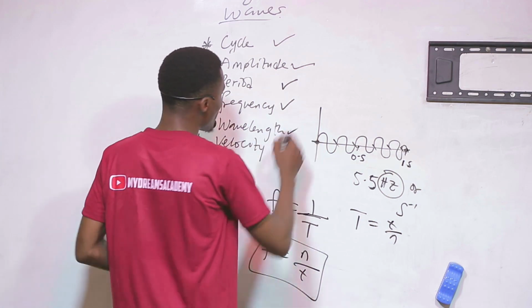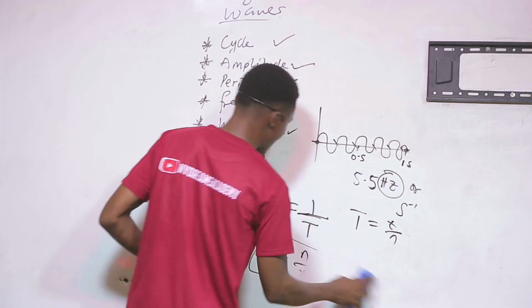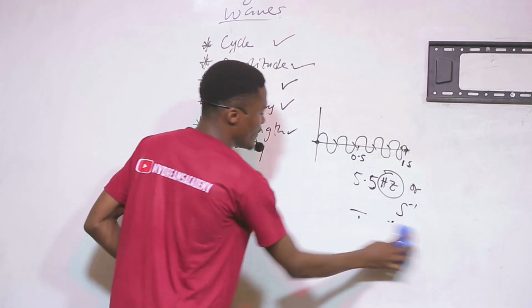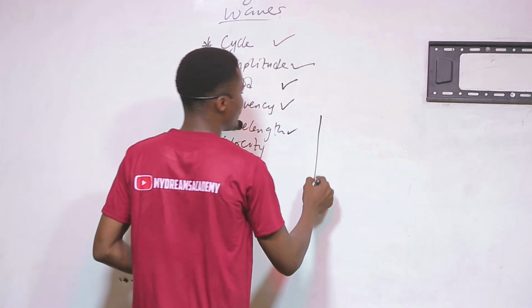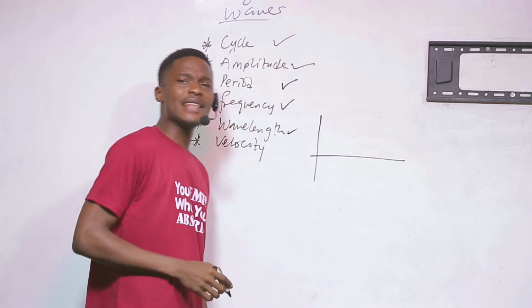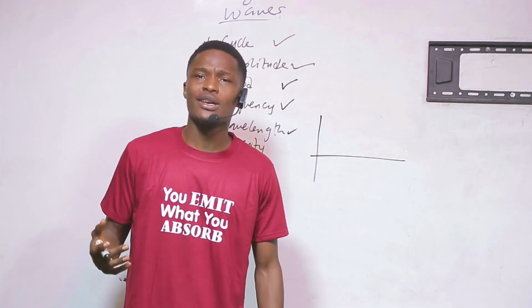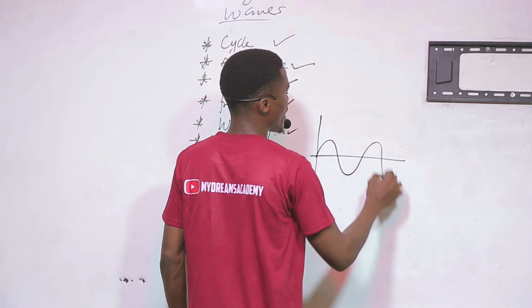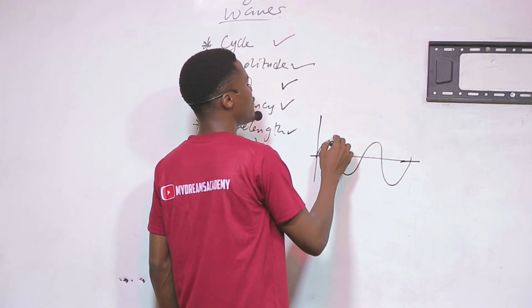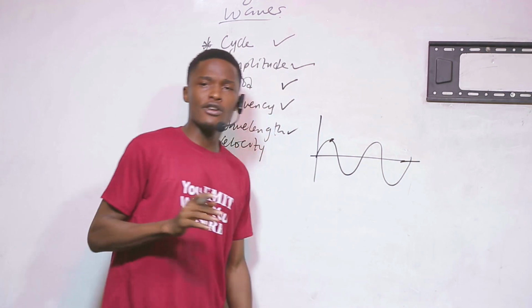Okay, so the next thing we talk about here is wavelength. So what is wavelength? We say that wavelength is the distance between successive crests or troughs of a wave. Now, what does that mean? If I have a wave this way, the up movements of the wave are called crests.